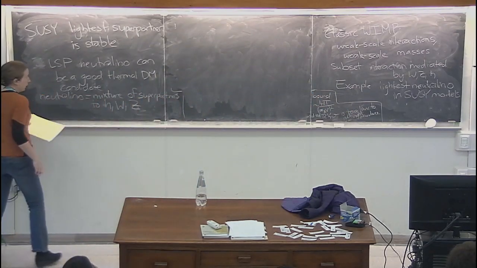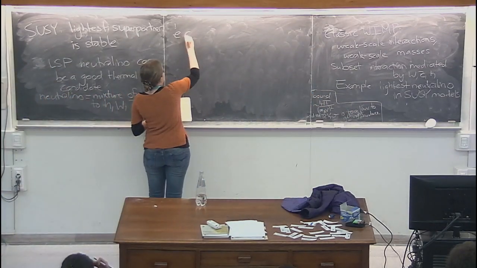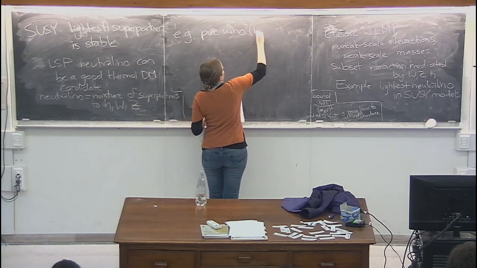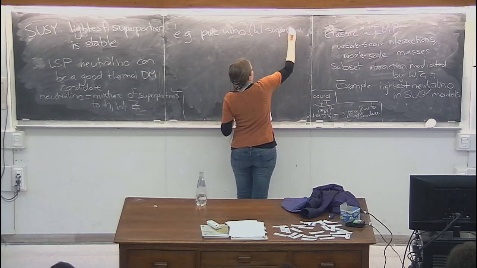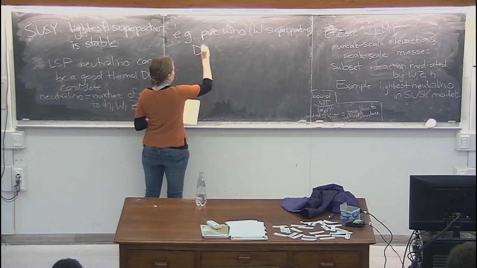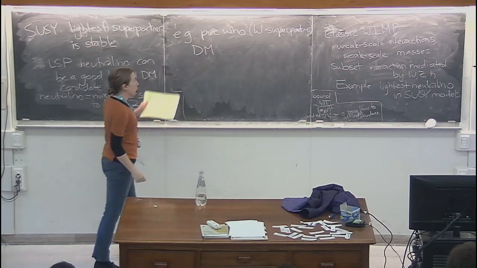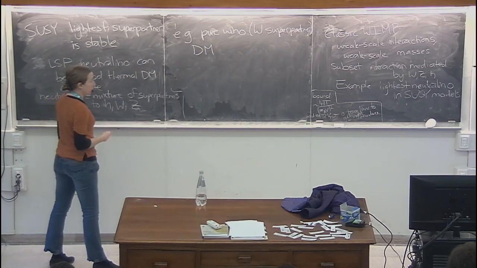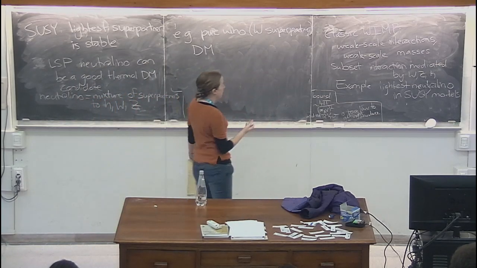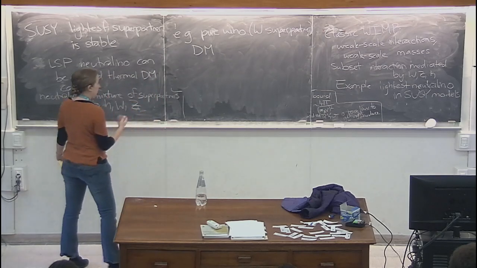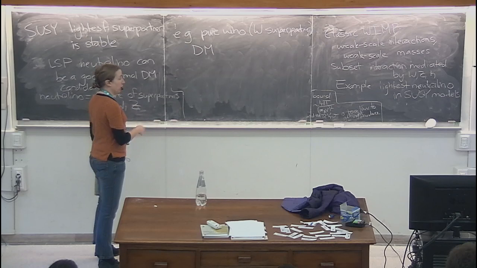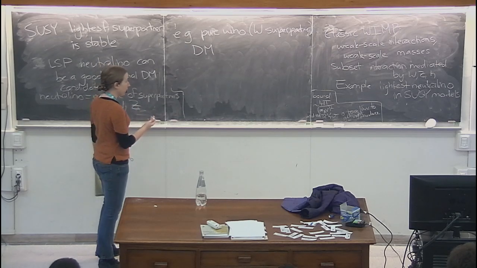So, for example, if you look at the pure wino dark matter that is the superpartner of the W, and you work out the thermal freeze-out calculation that we did last time in detail, it's a little bit more complicated because in a SUSY theory, you don't just have the dark matter and the standard model, you've got a lot of other particles which you may need to take into account in this calculation.